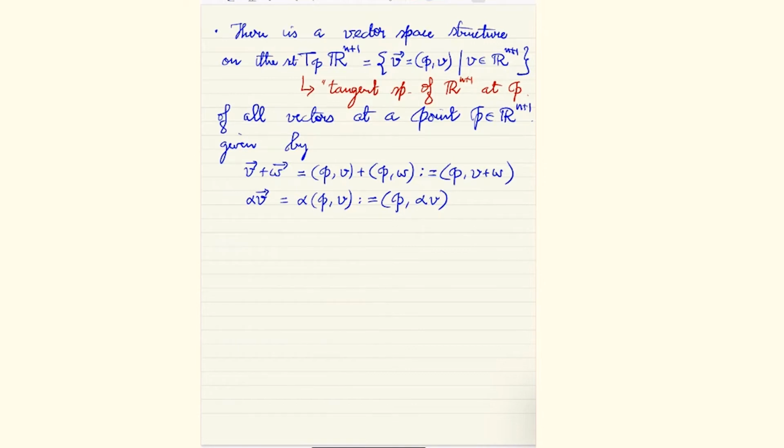In particular, if you start with a basis for Rn plus 1, then you get an associated basis for the tangent space at P, for any point P.